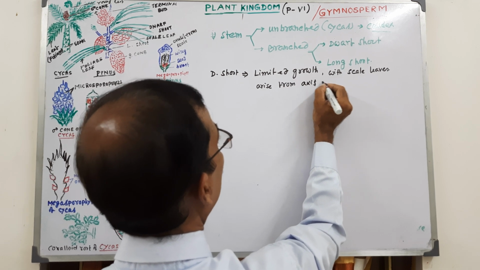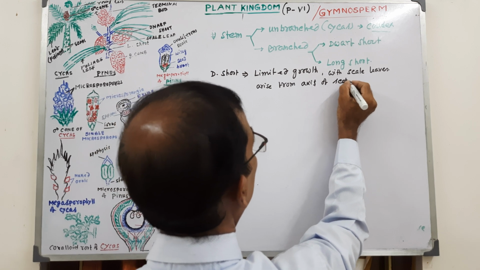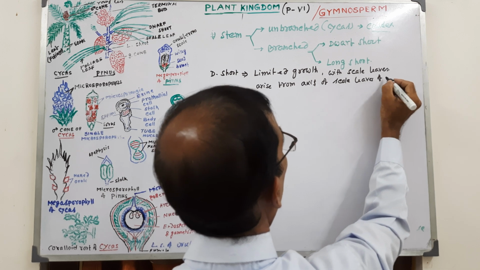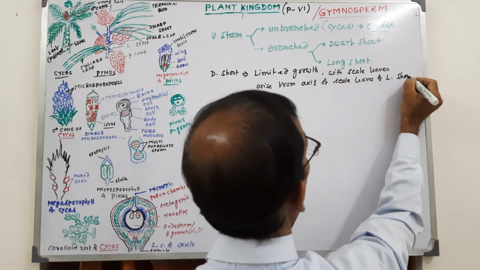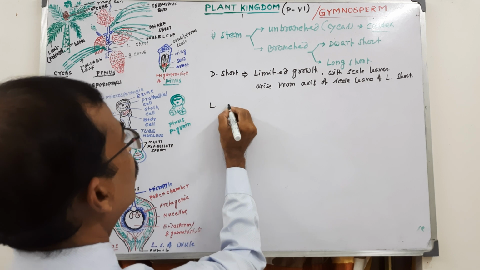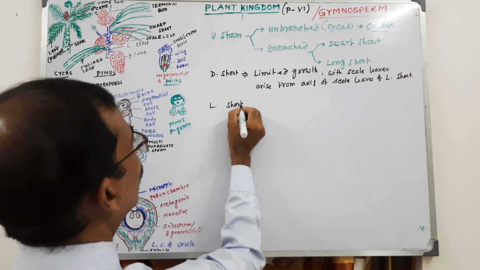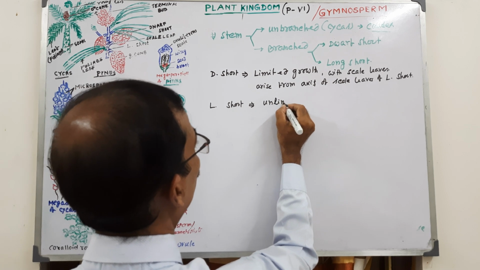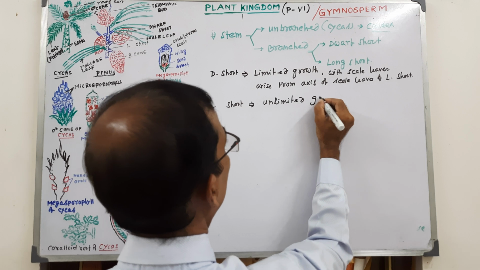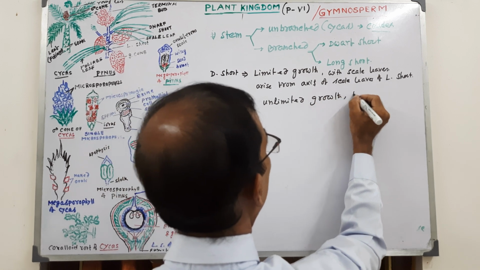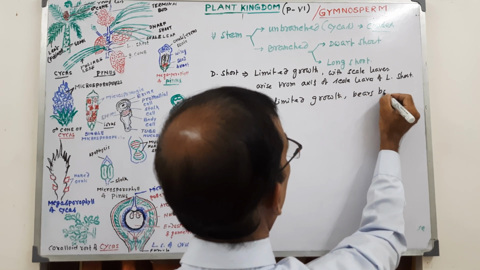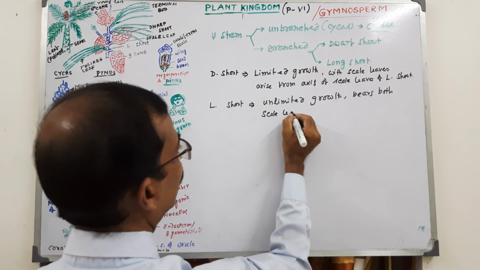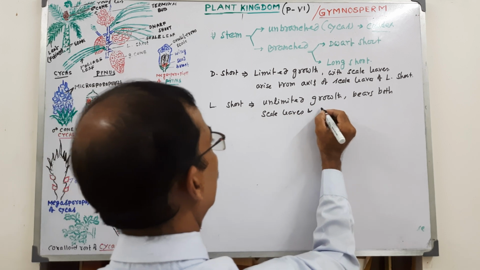And long shoots are of unlimited growth, bearing both scale leaves and foliage leaves.